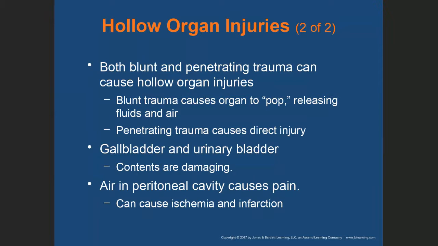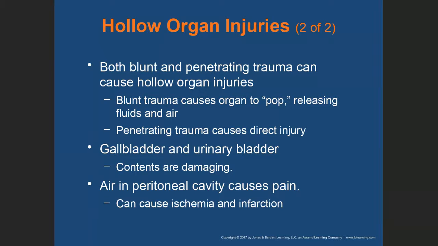If the contents of the gallbladder and the urinary bladder spill out, they can cause irritation and complications. Air in the peritoneal cavity can cause pain. You will not come across this in your literature for your level, but it is possible to get a pneumo.